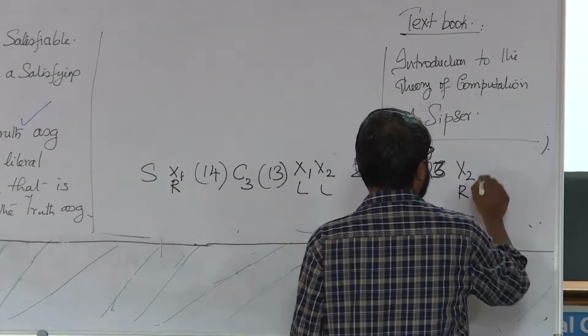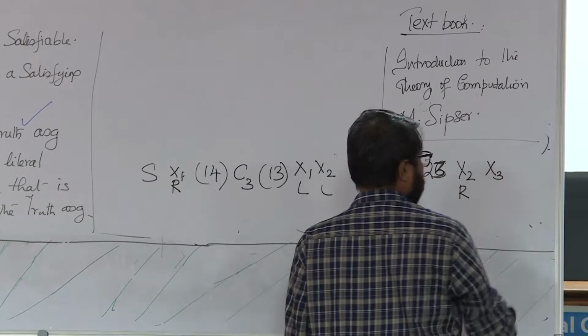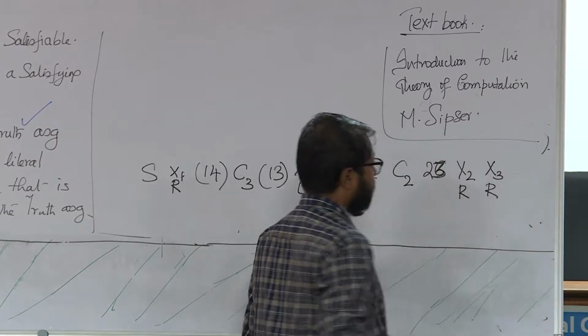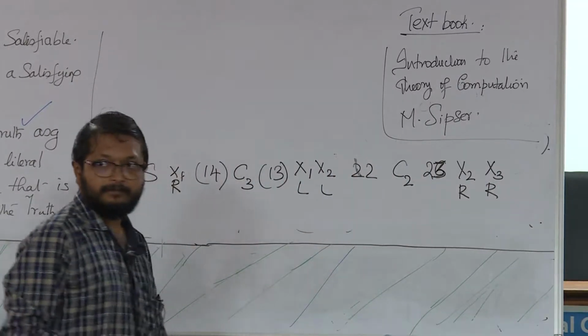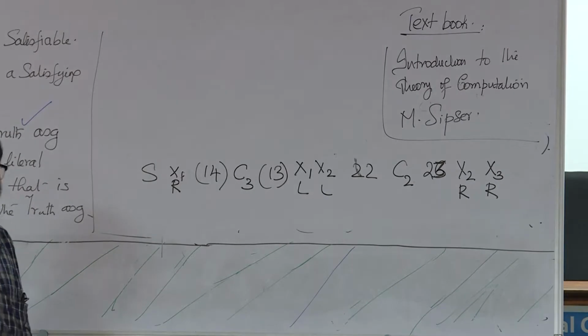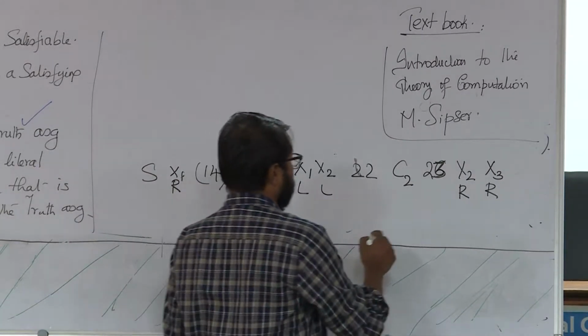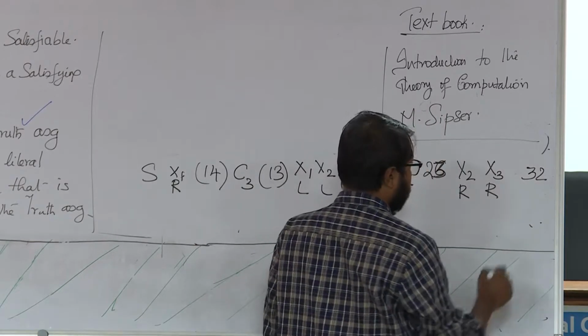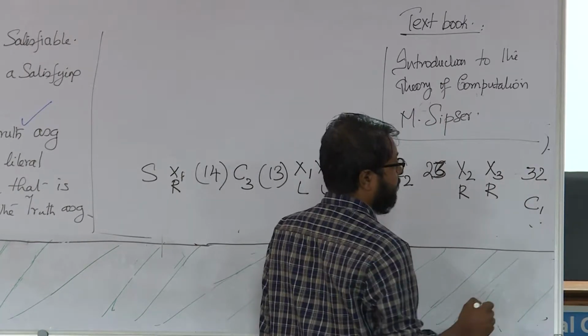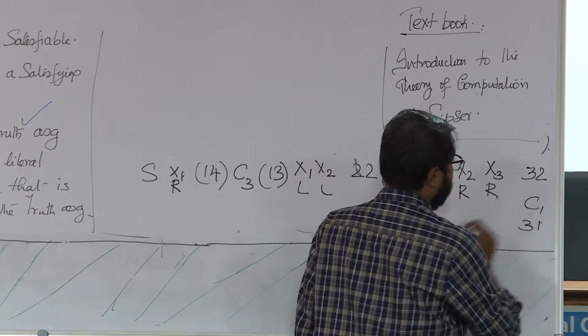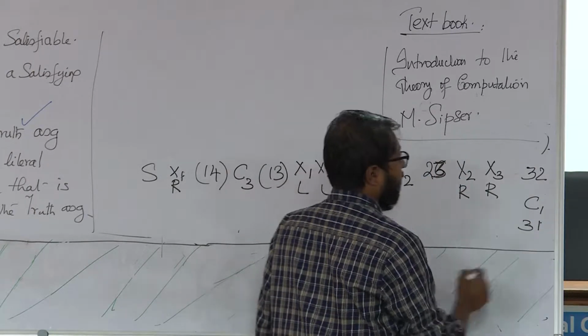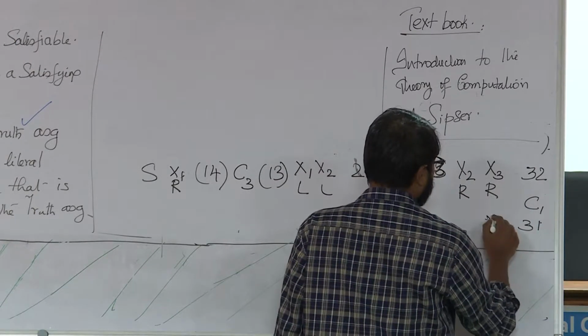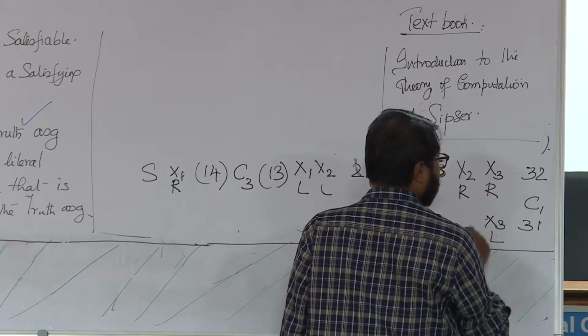Then I enter x3 from, let's say, right. Then come to 3 2, and cover C1. Then 3 1 you come back to, right? And then you reach x3 left and finally reach t.